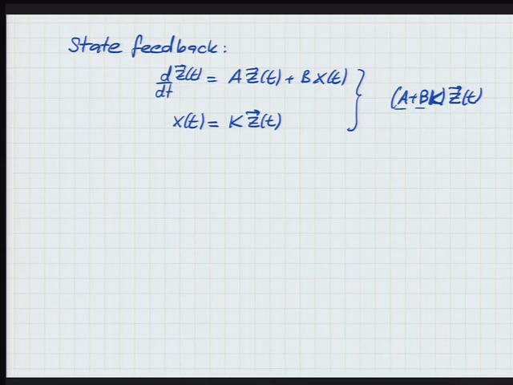Why am I now restricted to a menu to choose from this locus? Only that on that locus I can get a closed loop pole. Here everything worked, right? I could put my poles wherever I wanted. Yeah, I mean, you could still do that. That's not the key issue, okay?